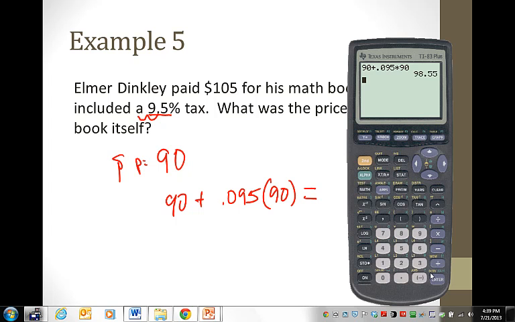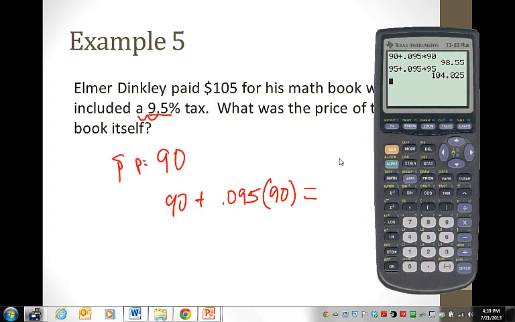And we get 98.55. So if I were to guess, I have to go a little bit higher than that, right? Maybe it's $95. So 95 plus 0.095 times 95. I'm getting closer, so something a little bit more than 95. I don't really feel like guessing too much more on that.